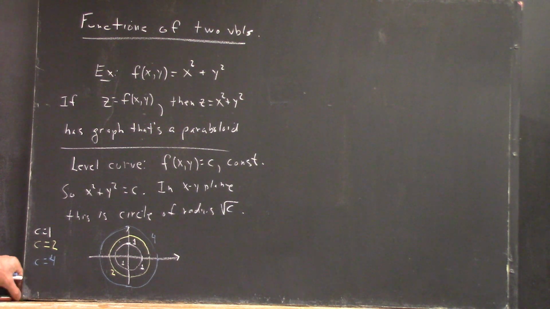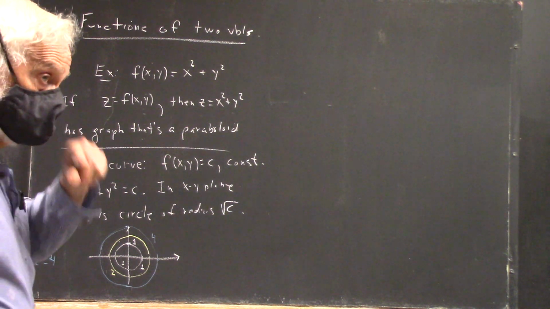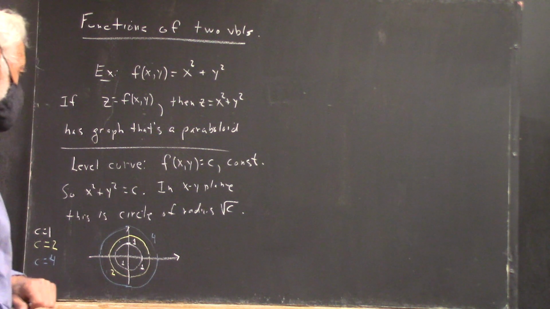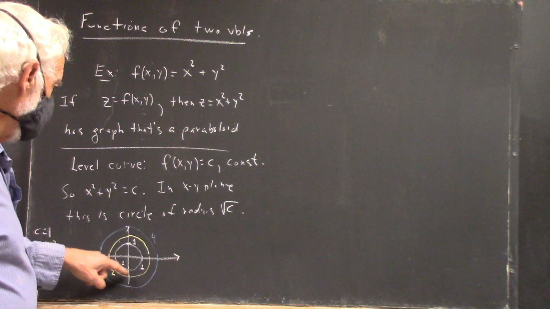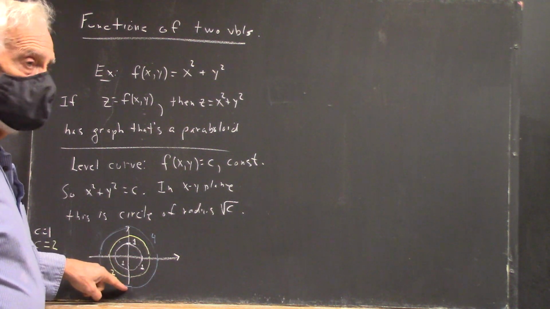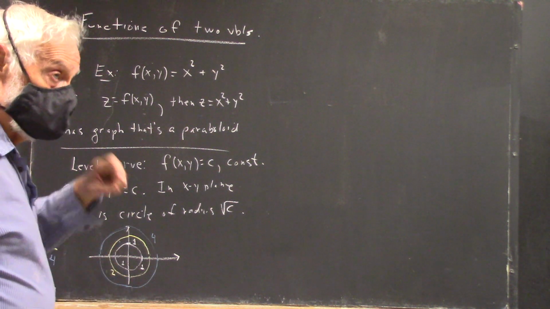Now, we could do c equals 3. We can see that as we go from c equals 1 to c equals 2, we get almost halfway to the c equals 4 curve.